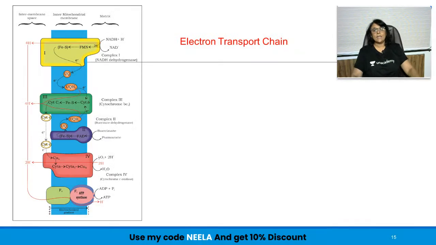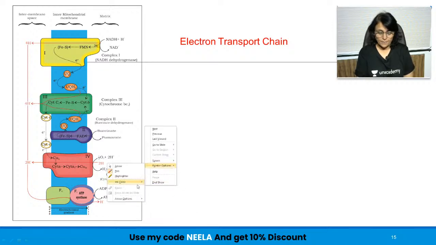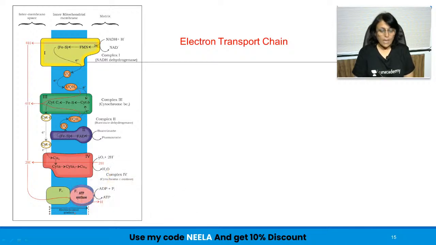Okay, now let us see the electron transport chain, which is the actual electron transport chain, and we need to know it completely. Let us check this label. This is the inner mitochondrial membrane.